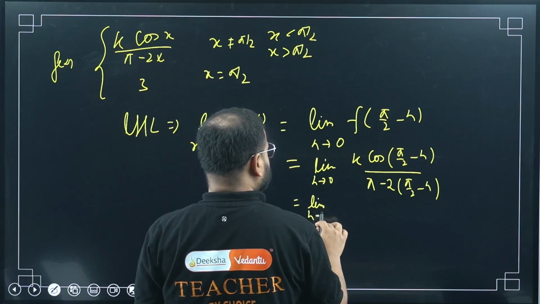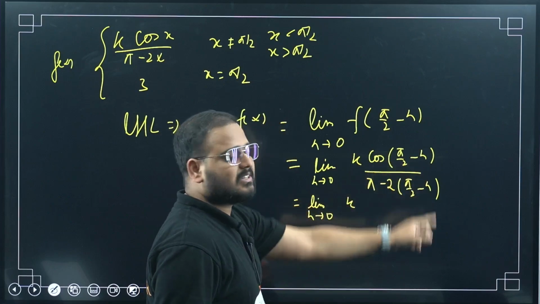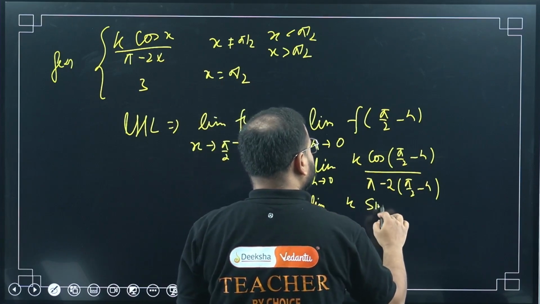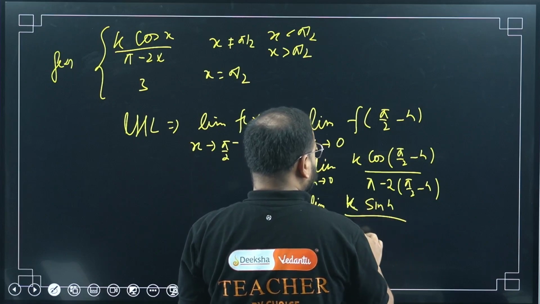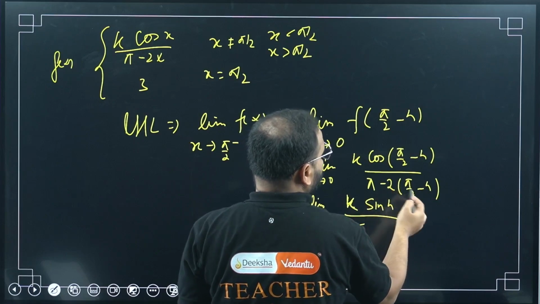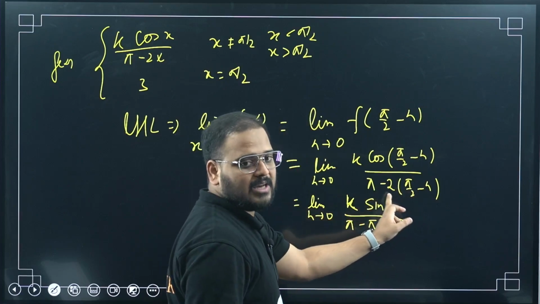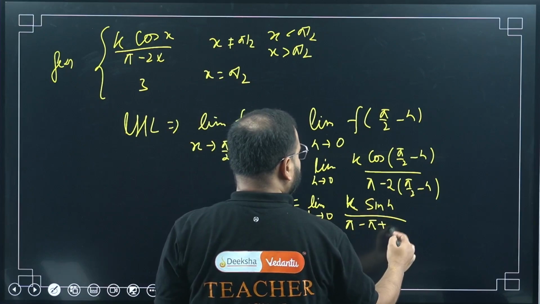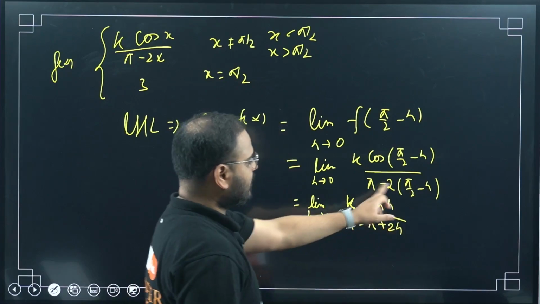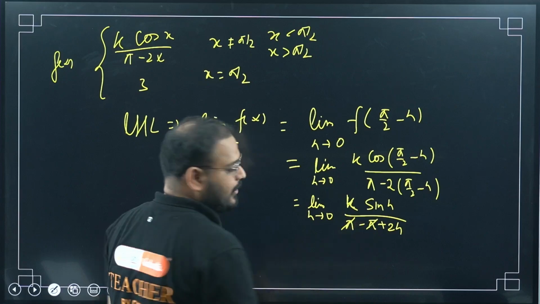Limit h tends to 0, k, cos of 90 minus theta is simply sin theta. So sin h. This is k. And how much is pi minus 2 into minus pi by 2? Minus 2 into pi by 2 is simply pi. And minus into minus will become plus 2h. Check here, pi and pi go out.